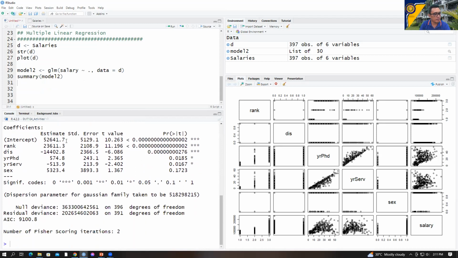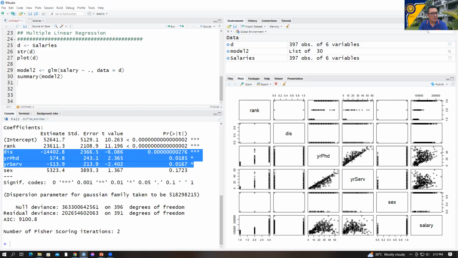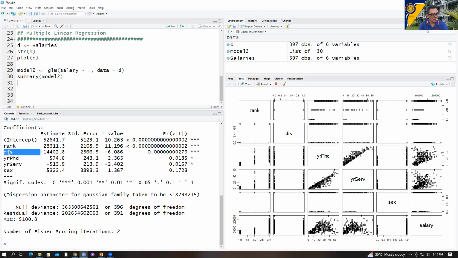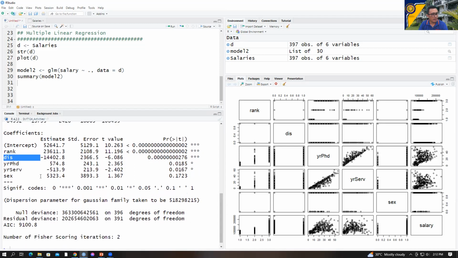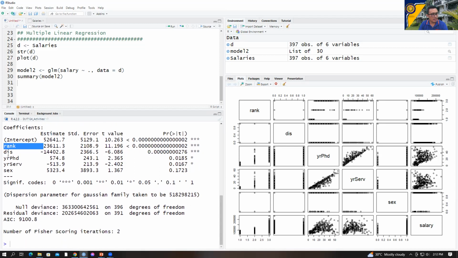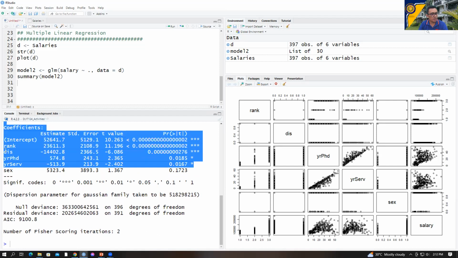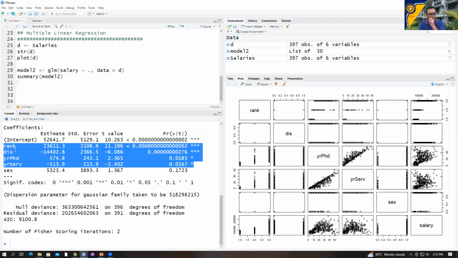Our intercept, the constant estimate, is 2,072. And you notice that rank, discipline, the years in PhD, and years in service have significant relationships with our dependent variable.